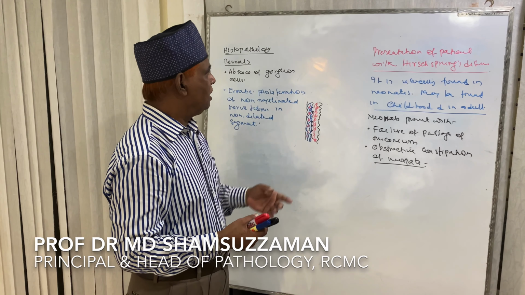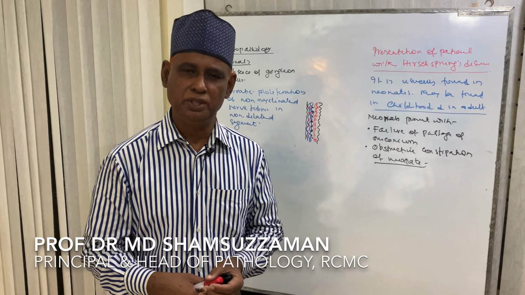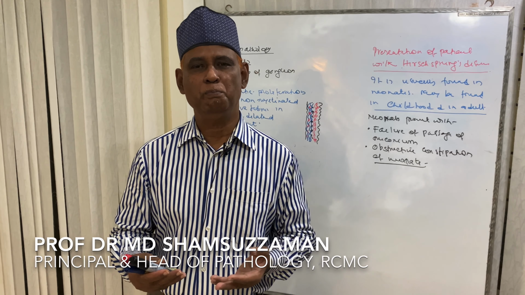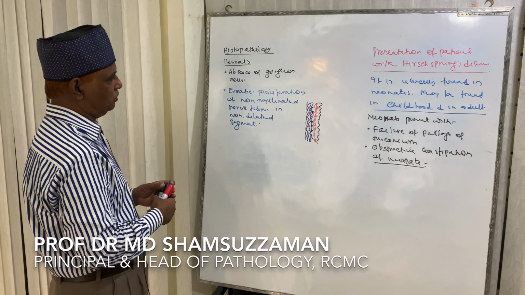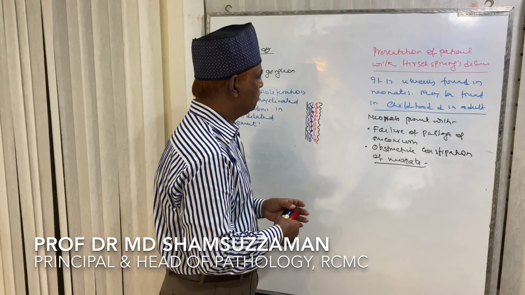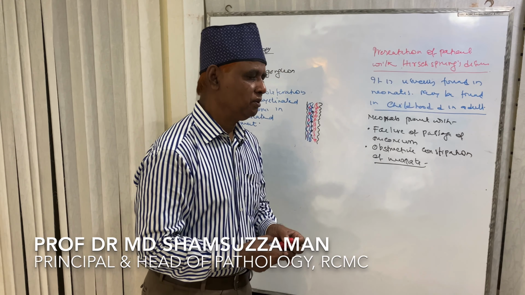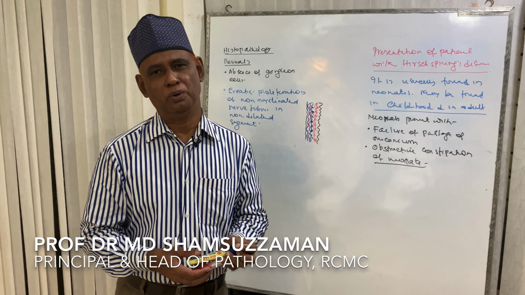What happens in Hirschsprung's disease? During embryogenesis, there is failure of migration of the neuroblast in some segment of the colon. Due to this, in the segment where there is no ganglion cell, there will be no development of Meissner's plexus and Auerbach's plexus.